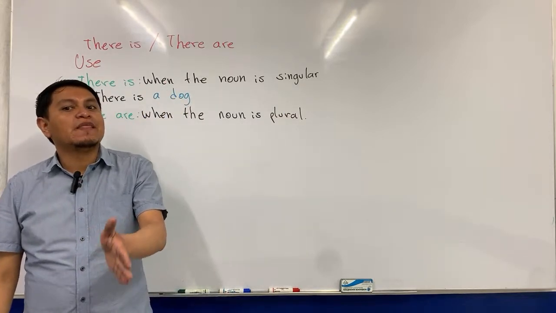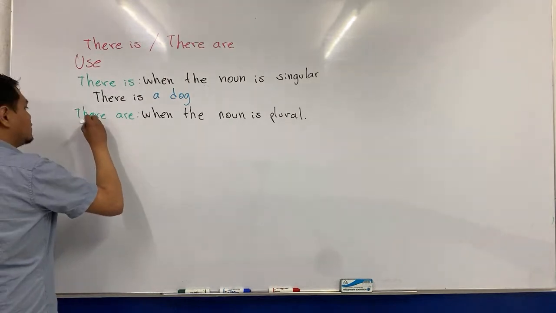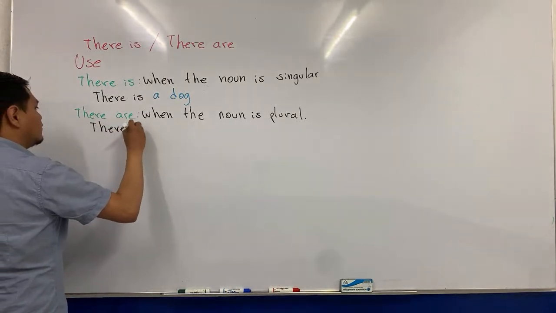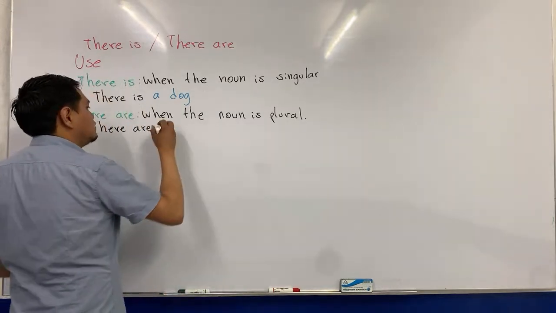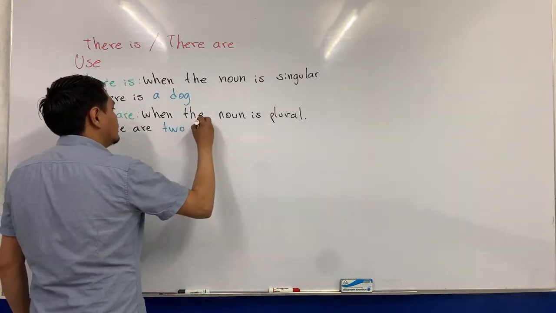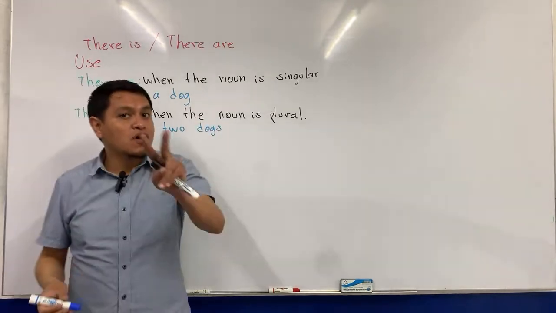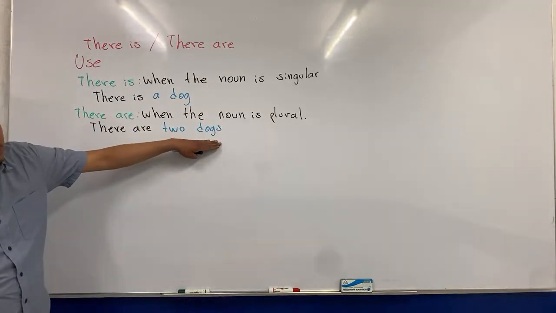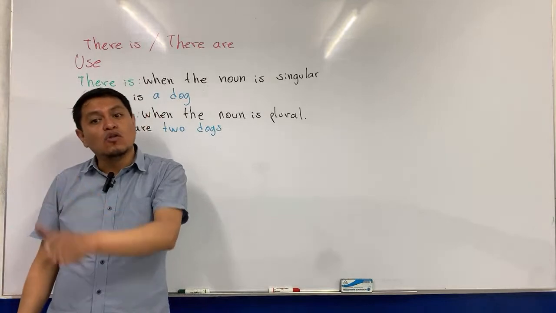For example, there are two ducks. Right? There are two dogs. Plural nouns, right?